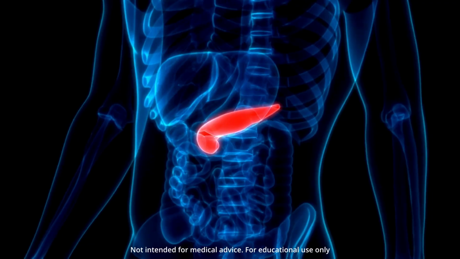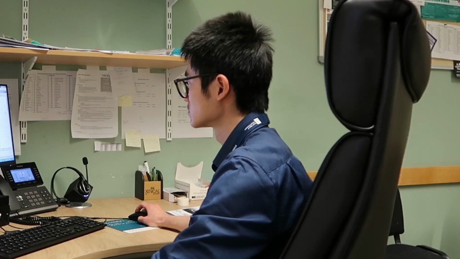Let me give you an example. You've got a patient who has got an elevated HbA1c level. So this is a new diagnosis of diabetes, and the patient would like to know the results. So you discuss the results with the patient.